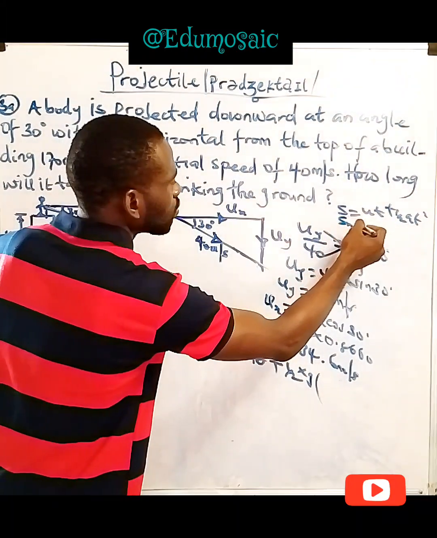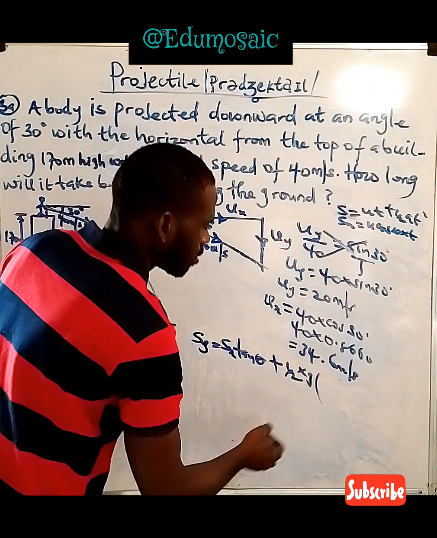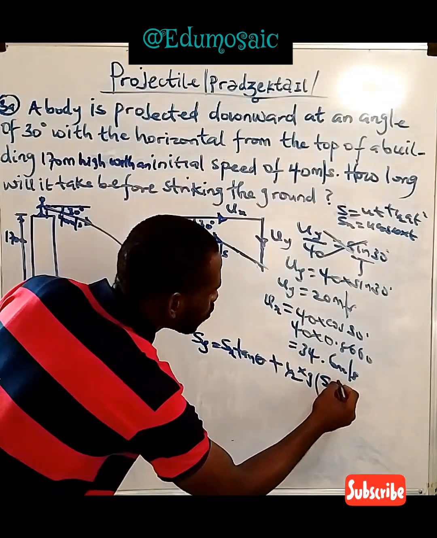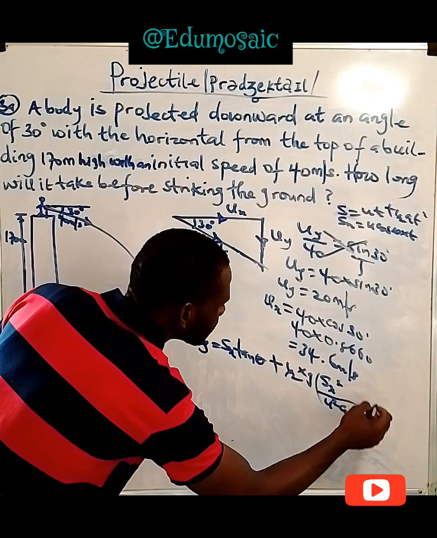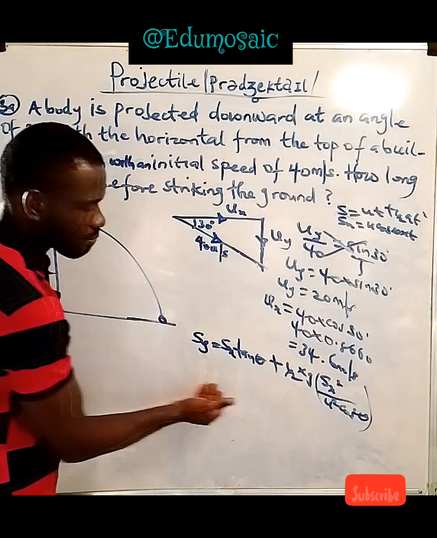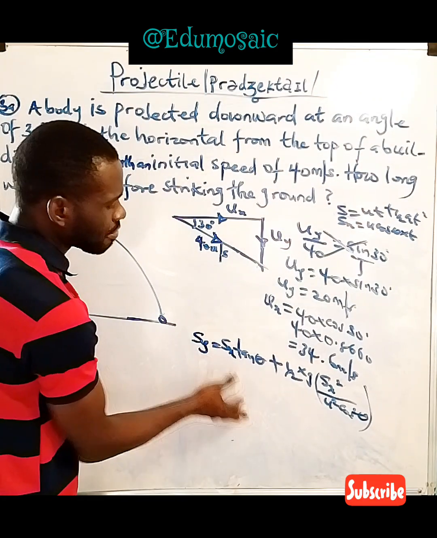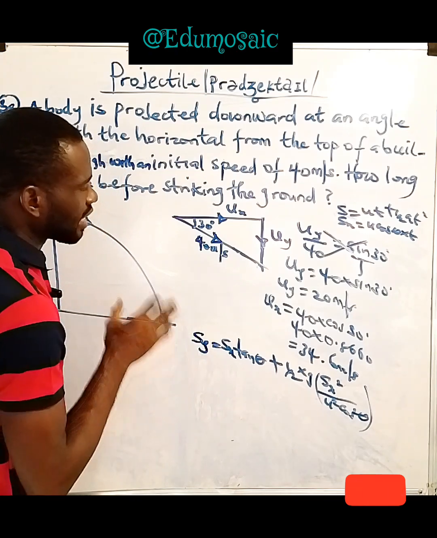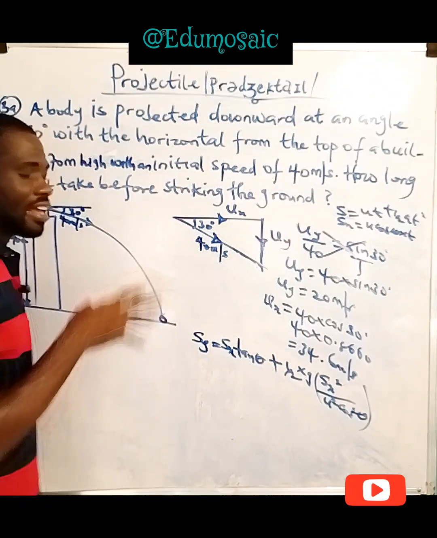So we have the distance along x as u cos theta times time, so the time is distance over u cos theta. There's a formula here. Now they want us to get the time. There's no way we can get the time from this trajectory formula. It's not possible. We can't really get the time from this, but we can get the time using the individual components.